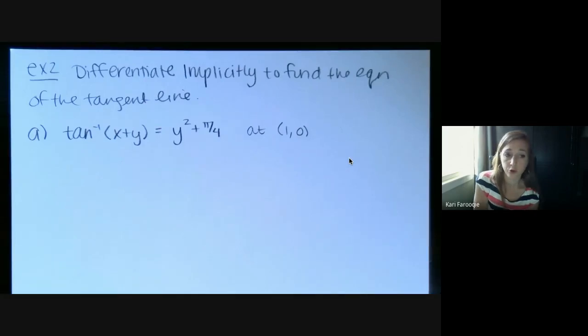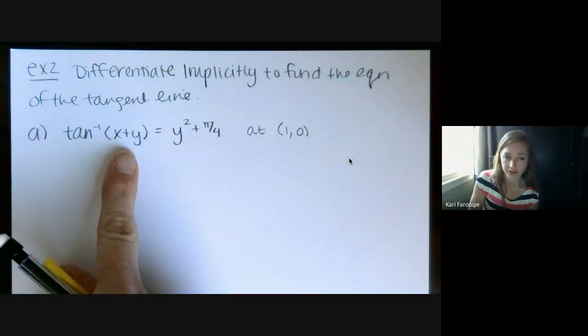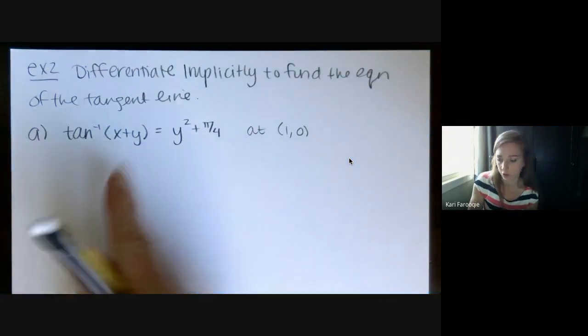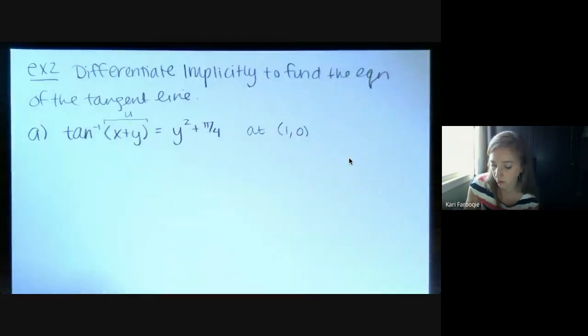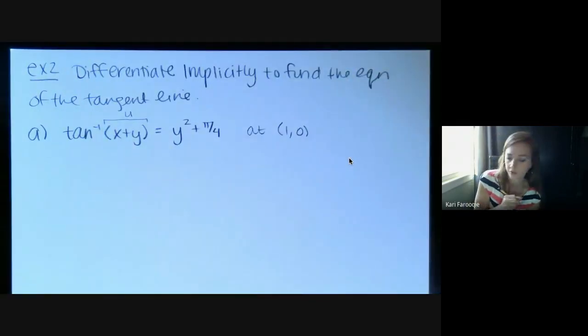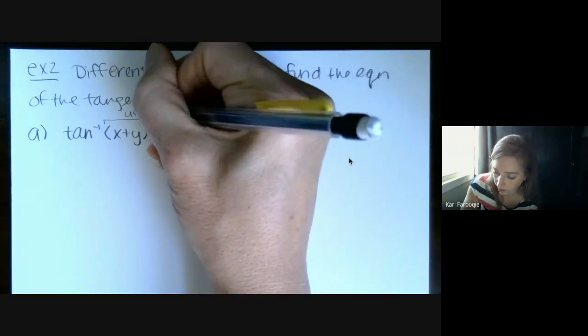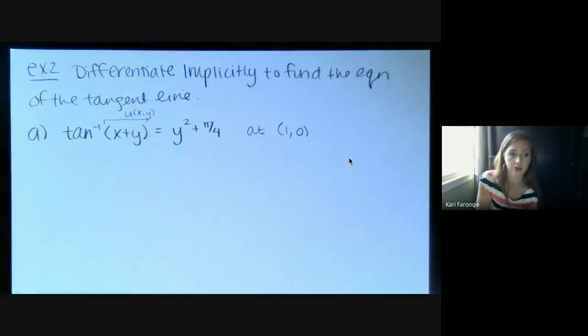Now, I gave you formulas that were for inverse tangent u of x. This is technically u of x and y. So if you just want to call it u, that's fine. If you want to call it u of x and y, that's fine too. You'll see that notation later on down the road, especially in Calc 3 as you start to work with more variables.